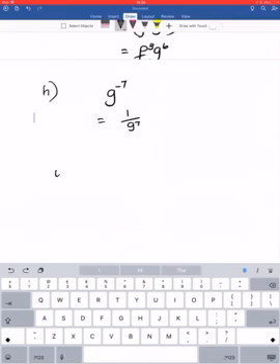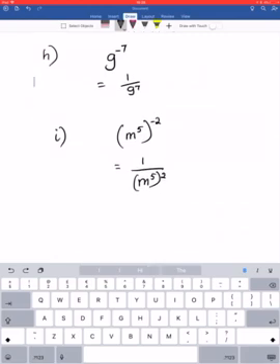If I had m to the 5, all to the minus 2, I'm going to say that is 1 over m to the 5 squared, because the negative means you do the reciprocal, which is to flip it on its head, and then because I've got a bracket, I multiply, so it's 1 over m to the 10. A bit tricky, but once you get the hang of it and do enough of them, you should be okay.